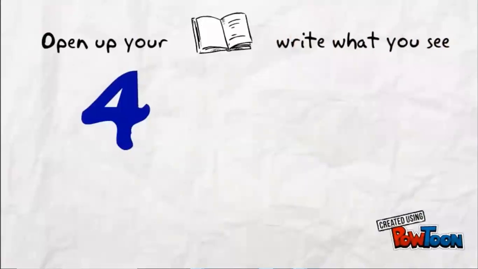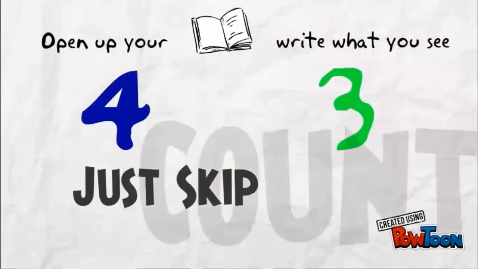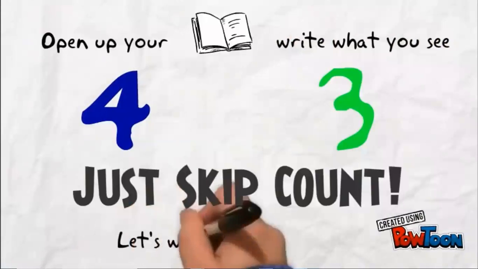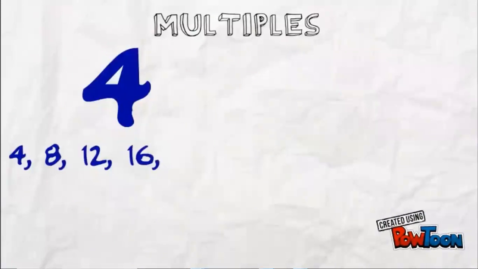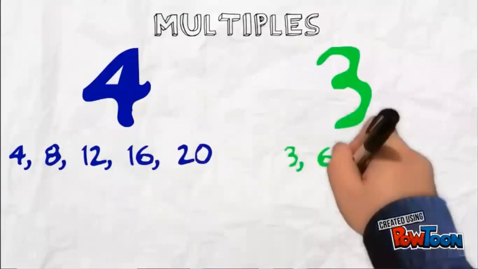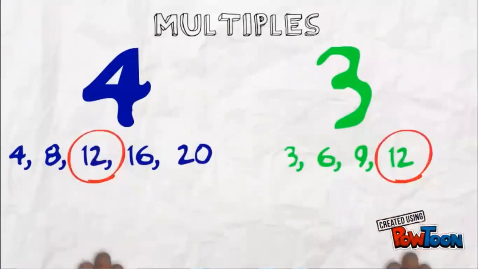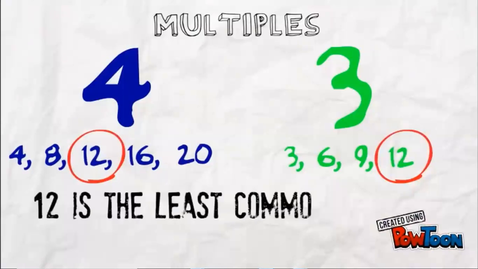First write the 4 and then the 3. Just keep count and write them all down. Multiples of 4: 8, 12, and 16. Go on more, you get 20. Then 3's: 3, 6, 9, and 12. You should see it repeats.